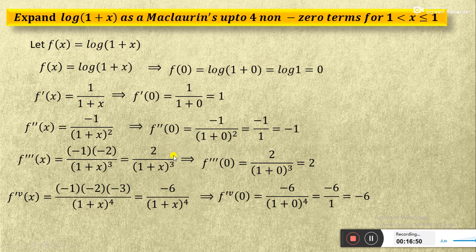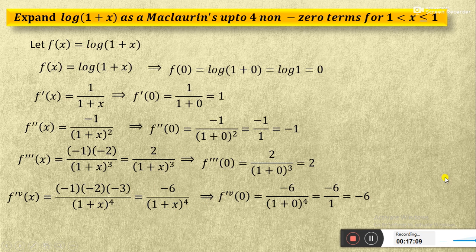After differentiating, minus 3 times 2 gives minus 6, and the power becomes minus 4, which I write in the denominator, so 1 plus x whole power 4. Therefore the fourth derivative is minus 6 by 1 plus x whole power 4.